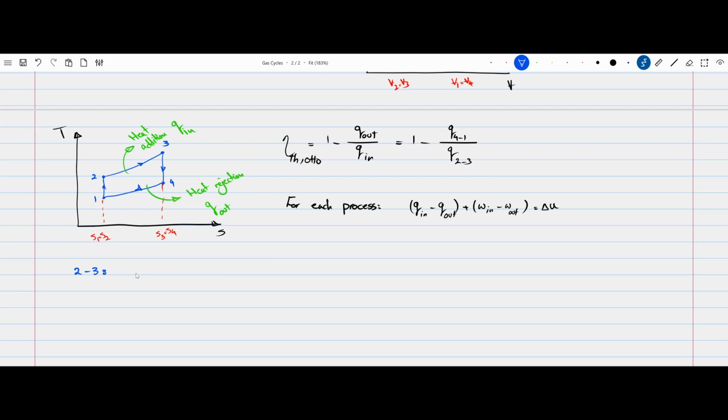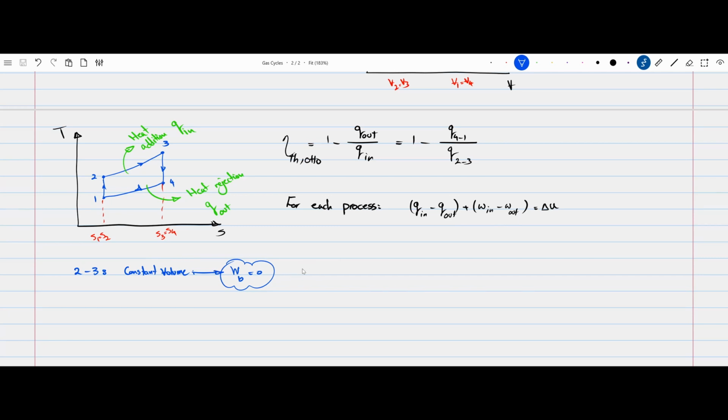So this is a constant volume process. Because the volume is constant, the boundary work is non-existent, right? We know that there are no other forms of work available here. There is no electricity, there is no shaft moving, nothing except the boundary work. So there is no work in and out for the process 2 to 3.